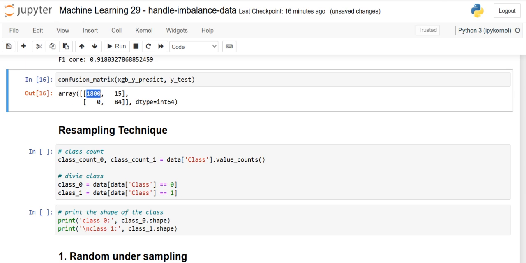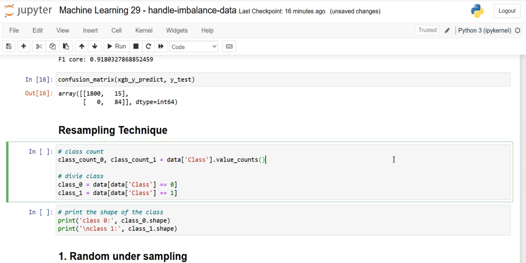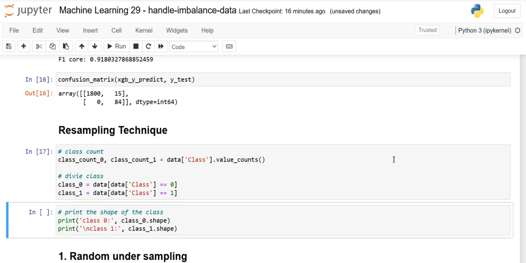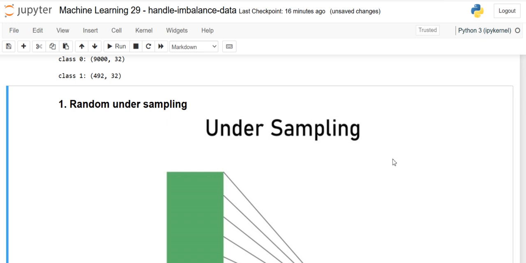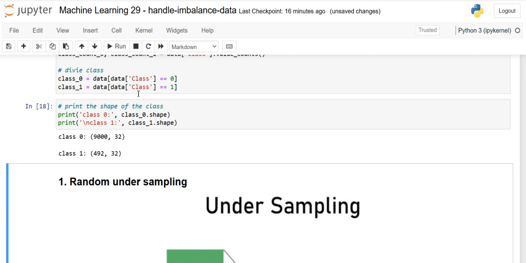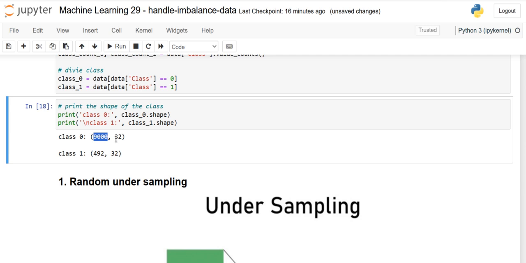Now let me start with the technique here. For that, I want to create class counts, so kindly observe that the shapes are 9,000 rows with 32 features and 492 rows with 32 features. These are class 0 and class 1.